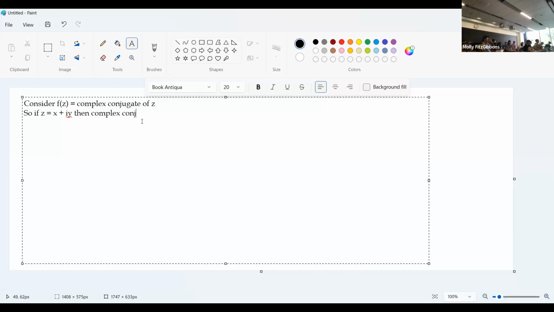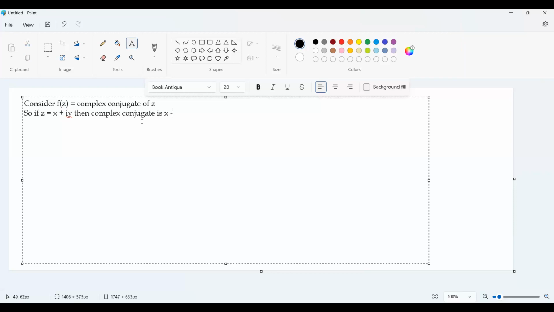The complex conjugate is x minus iy. So f prime of z would equal the limit as h goes to 0 of f of z plus h minus f of z, divided by h. And we want the same limit no matter how h goes to 0. Okay?